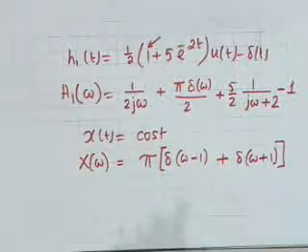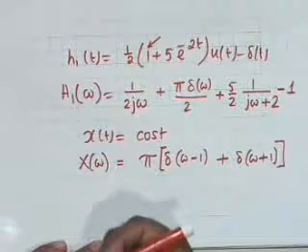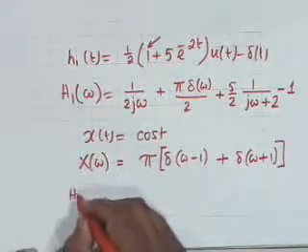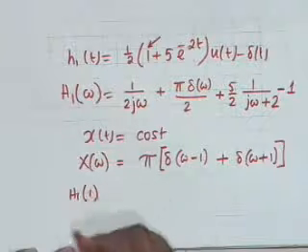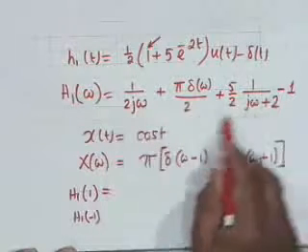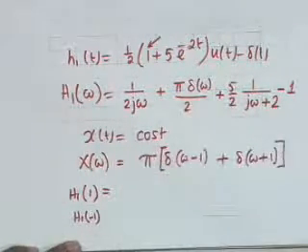And therefore, the only two frequencies which are involved are omega equal to 1 and omega equal to minus 1. And therefore, all I need is H1(1) and H1(minus 1). Now, if you substitute this here, H1(1), what happens to the delta function?